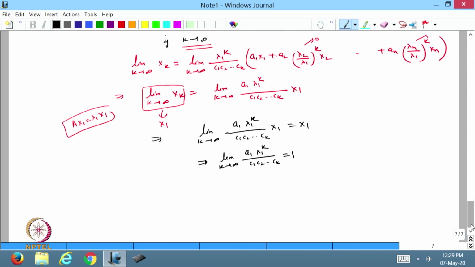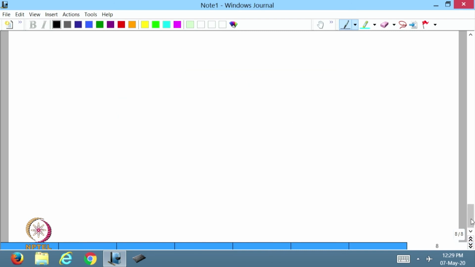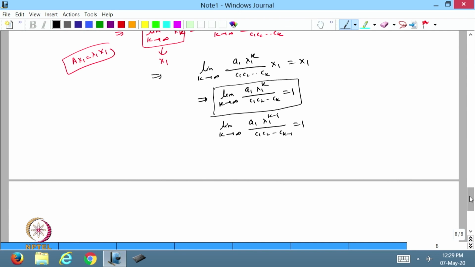This is my condition. The same I can write as limit k tends to infinity a1 lambda 1 power k minus 1 over c1 c2 up to ck minus 1, that should also be equal to 1, because I am just putting k minus 1 in place of k.